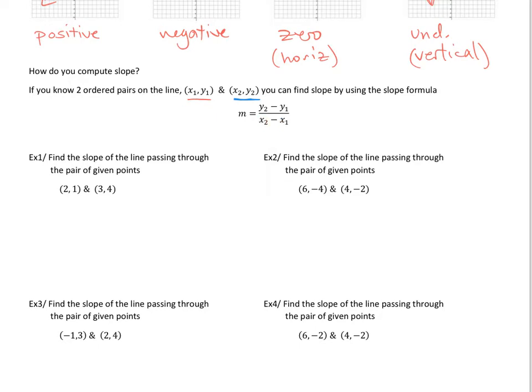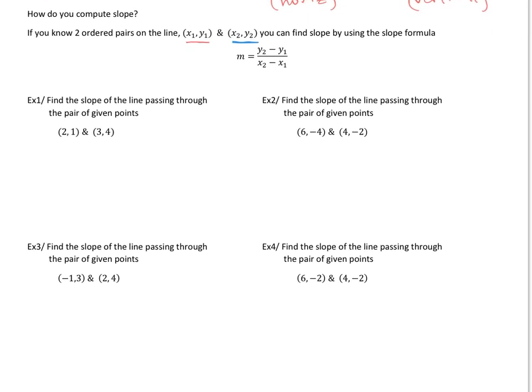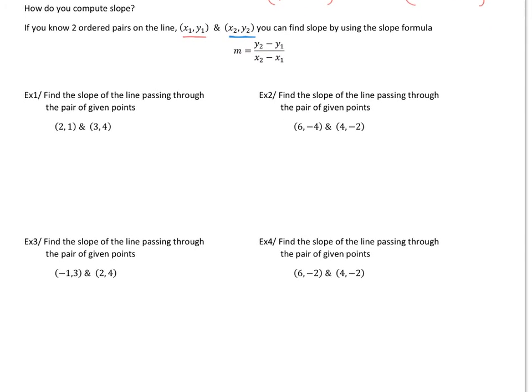The best thing I can do here is to just jump into a couple of examples so you can see how this works. So over here in example 1, I want to label my two points. I'm going to call this point (2, 1) point 1, and over here, this (3, 4), I'm going to call point 2.